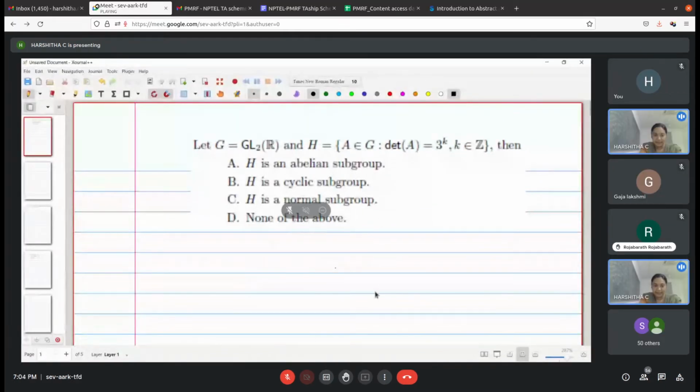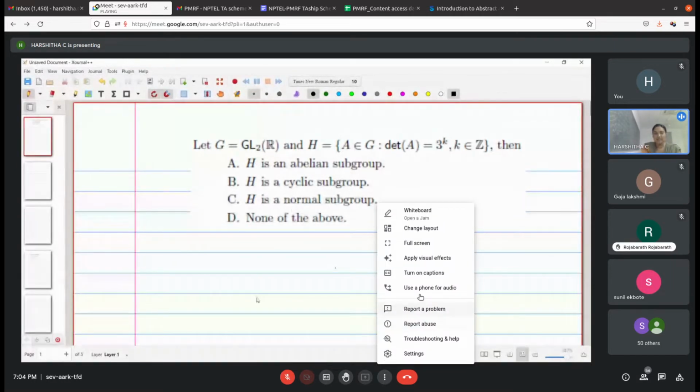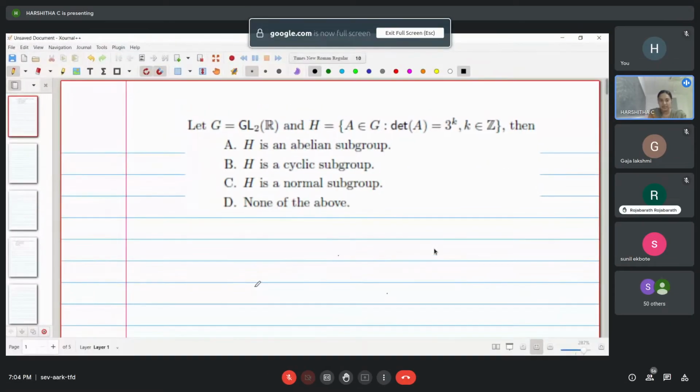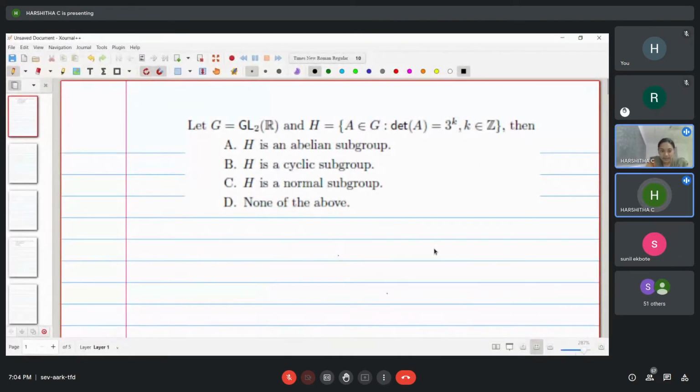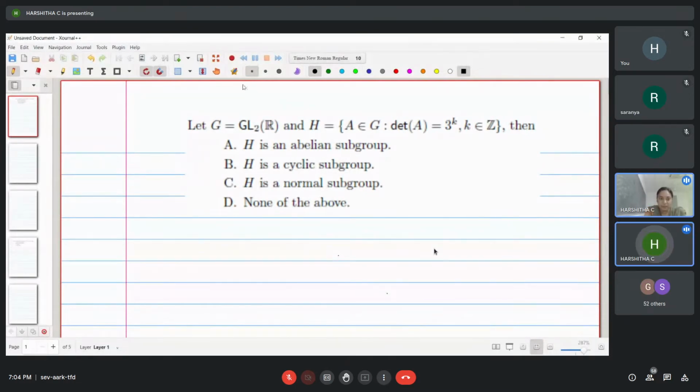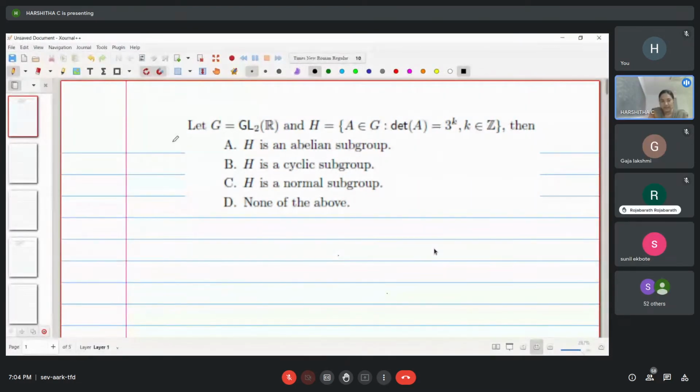And in the process, we will revise some concepts which are needed to solve the question. So we have a group, G is GL2R, and H is some subset of this group G, right? So first of all, can one of you tell me what is the operation in this group? I hope you know what GL2R is.